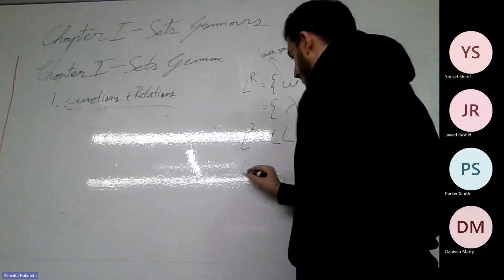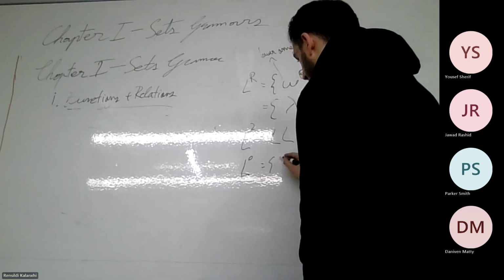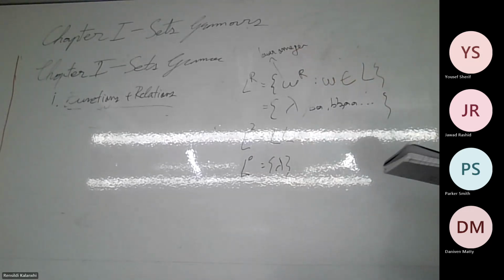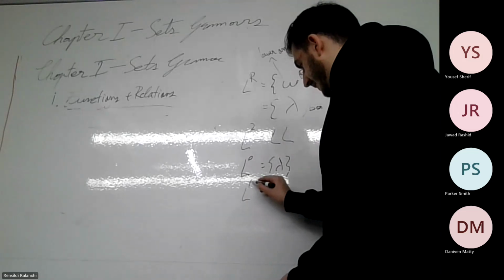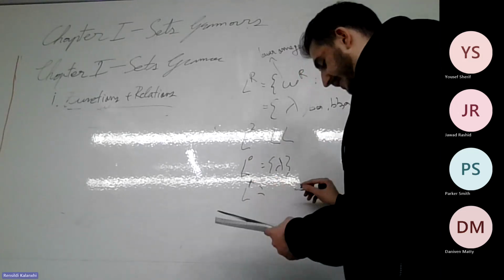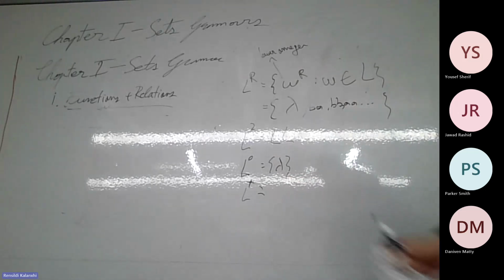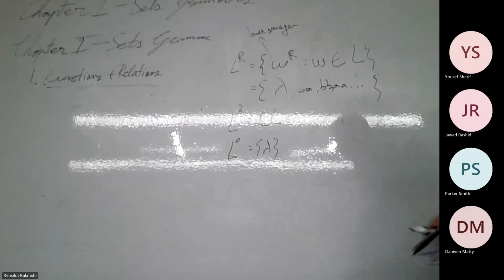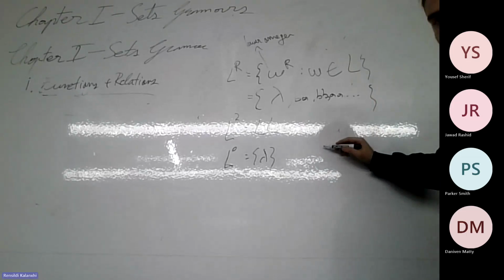So this is pretty similar to the alphabet. This is a plus. L plus, you guys see here? I don't think you guys see. Okay. It's okay. Yeah, right there, you're good.